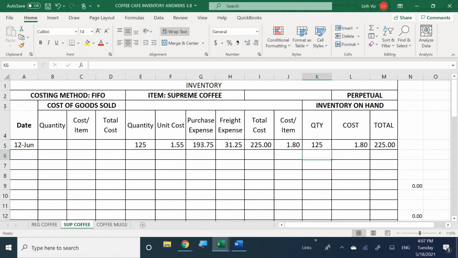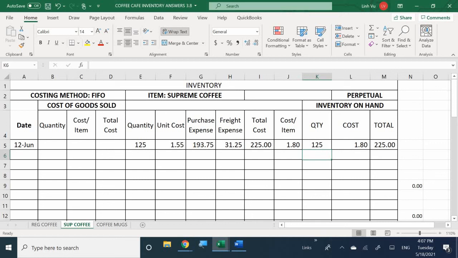And this is where I'm going to show you that every time we make a purchase, every time we make a sale, this here must match your general ledger. That is your reference point to ensure you did your accounting correctly.